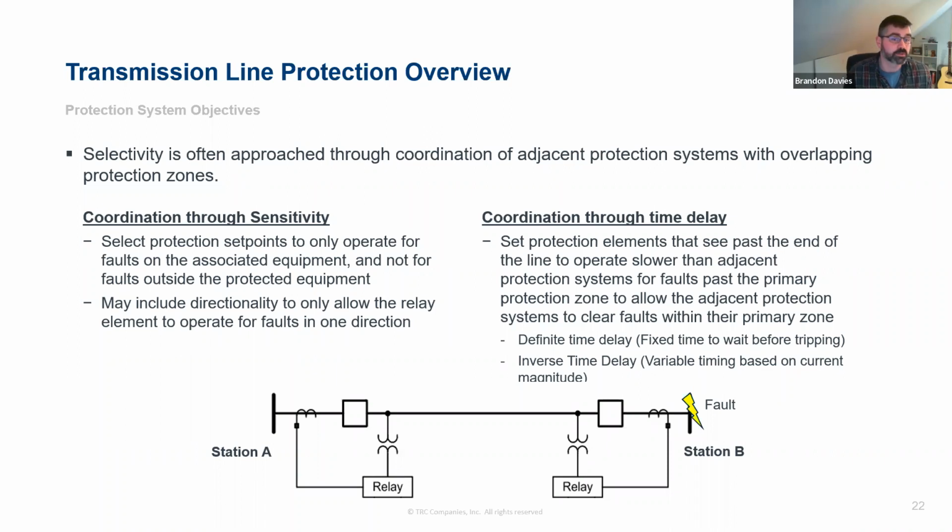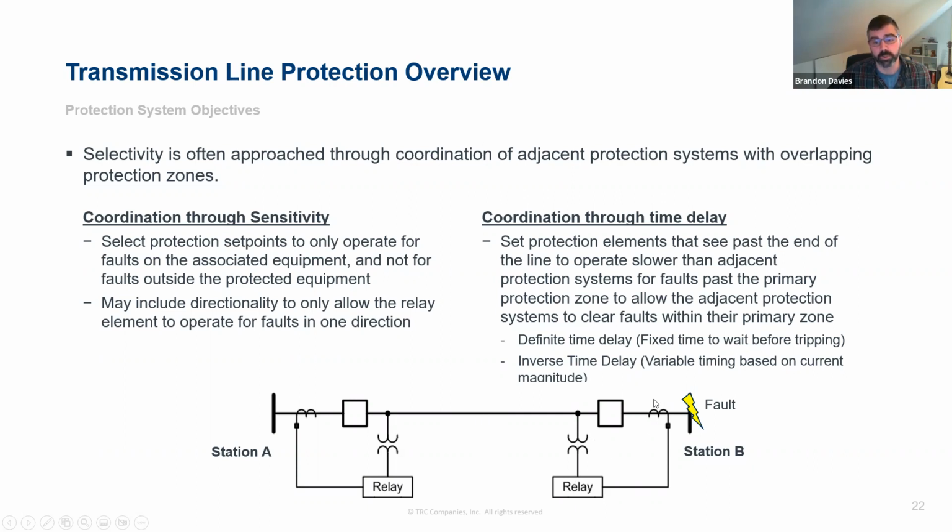Or we can use things like directionality to make it so that the relays don't operate for a fault in that direction. The relay here at station B is a line relay, should be looking forward towards the line and operate for line faults.